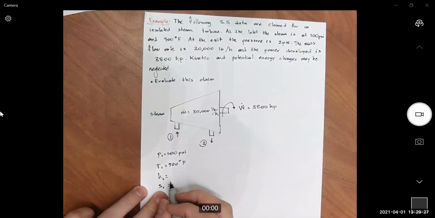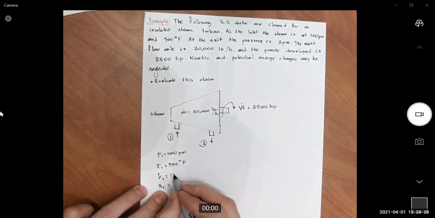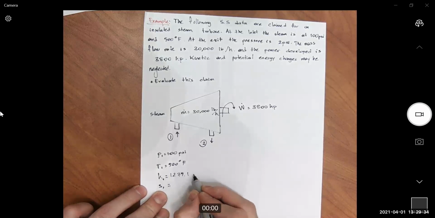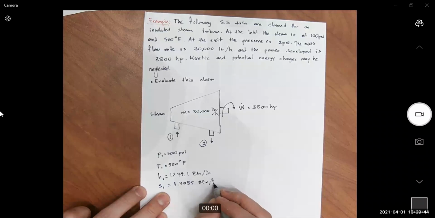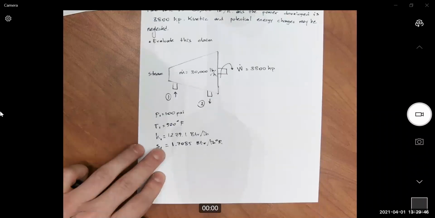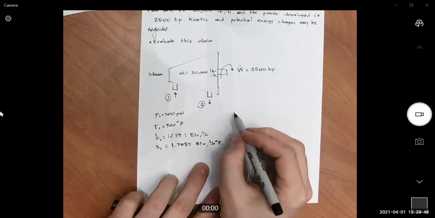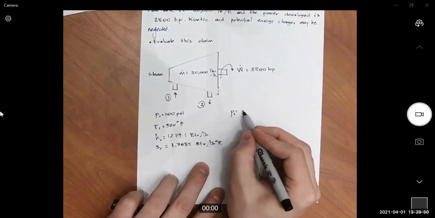So enthalpy in that case is 1,279.1 BTU per pound. Entropy is 1.7085 BTU per pound degree Rankine. And pressure at exit is 2 psi.